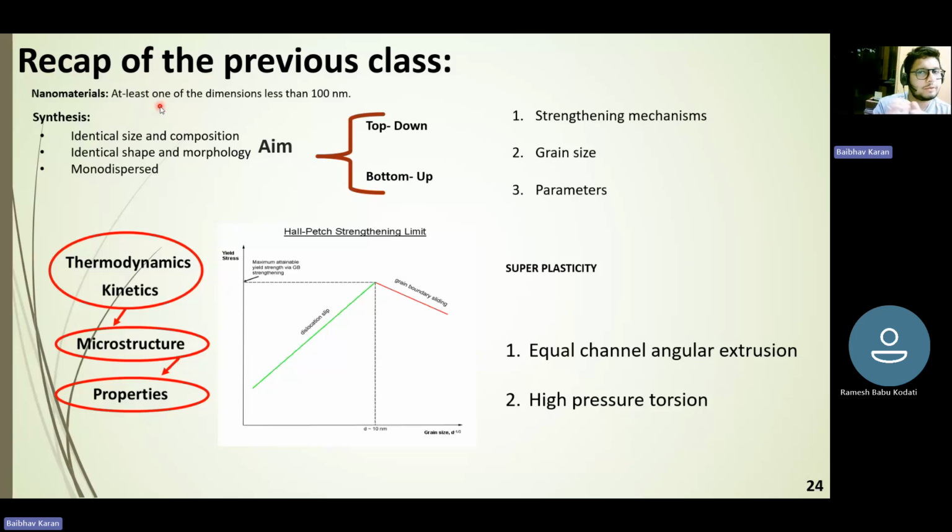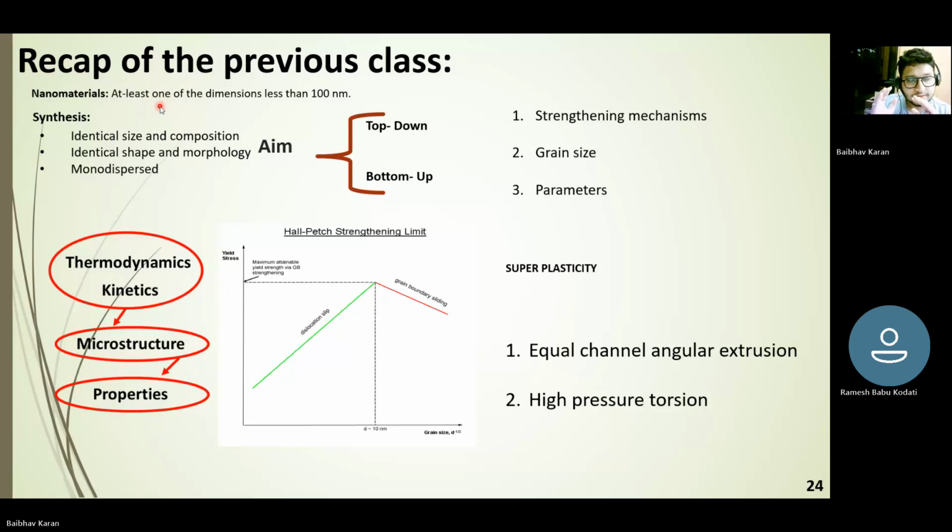They want to react with each other because they are very free. The energy present in nanomaterials is too high, so they are highly excited. They want to coalesce among each other and react with other materials because of the higher surface to volume ratio.